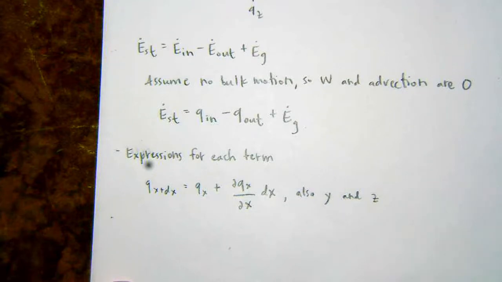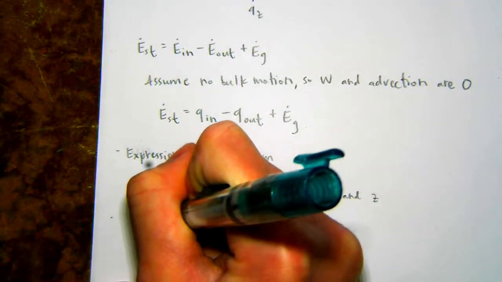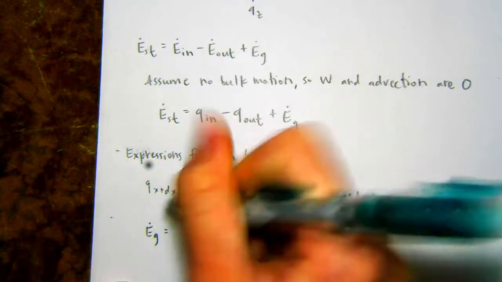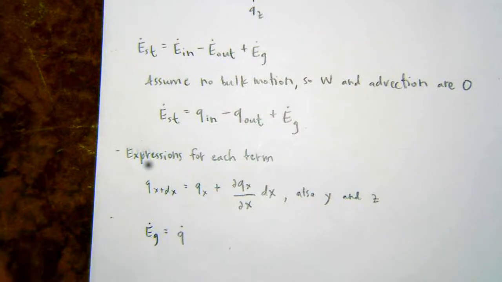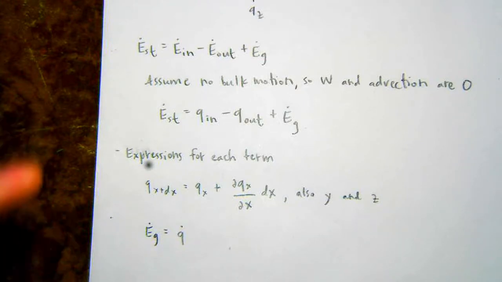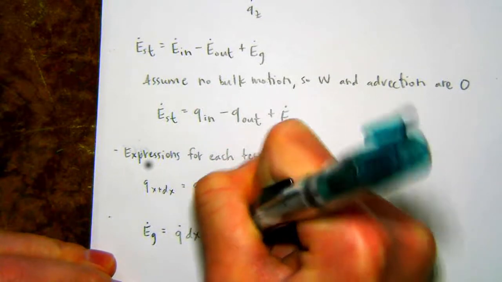Okay, for the energy generation term, we're just going to represent that as q dot, so heat being generated at a certain rate inside the element, times the volume of the element.